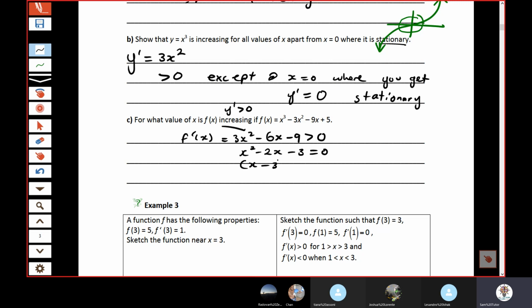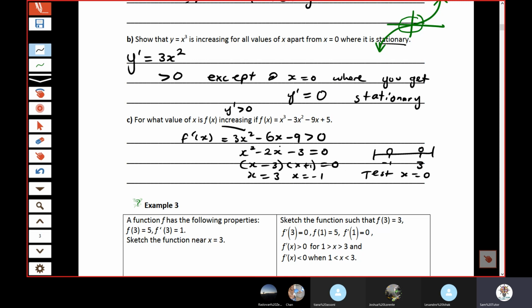And then I get x minus 3, x plus 1, x equals 3, x equals negative 1. Stop and draw a number line. There's negative 1, there's positive 3, open circles. Test x equals 0 into f dash.